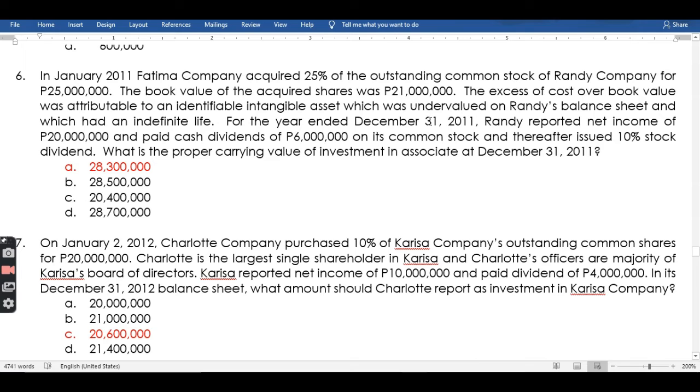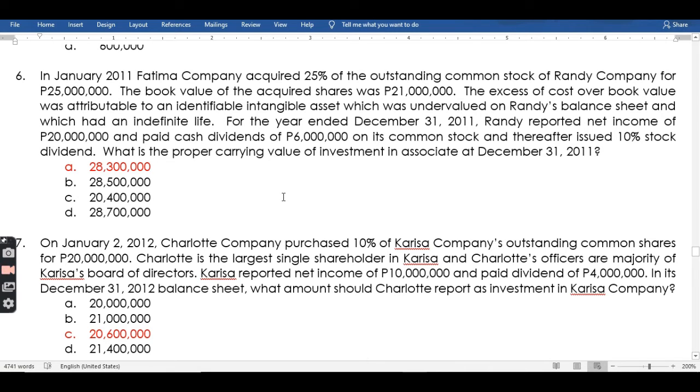Okay? For the year ended December 31, 2011, Randy reported net income of 20 million and paid cash dividend of 6 million in its common stock and thereafter issued 10% stock dividend. What is the proper carrying value of the investment in the associate at December 31, 20x1?